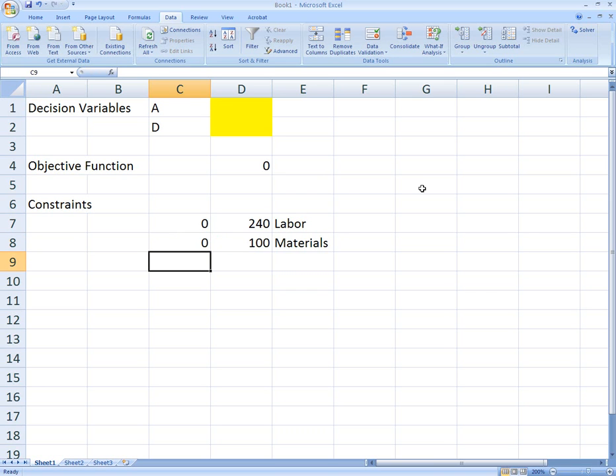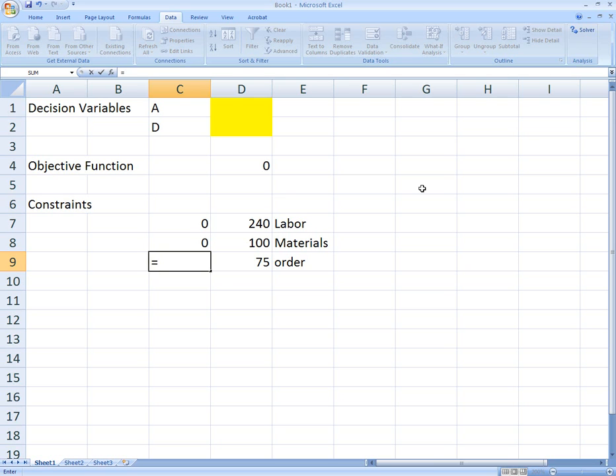Okay, I also have a couple of other constraints. One constraint says I have to produce at least 75 pairs of athletic shoes, because I've already committed to do so. We might call this an order, because someone's ordered 75 pairs. So the number of athletic shoes has to be greater than or equal to 75.